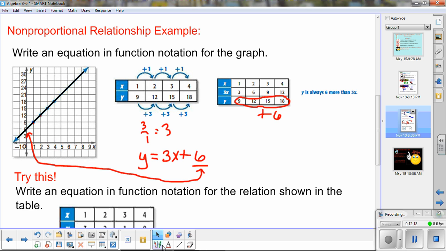So basically, what might be helpful for you when trying to write the equation from a graph is you're going to want to fill in these 2 blanks. And you might want to make sure you get this in your notes. This right here is the rate of change, or the slope of the line.